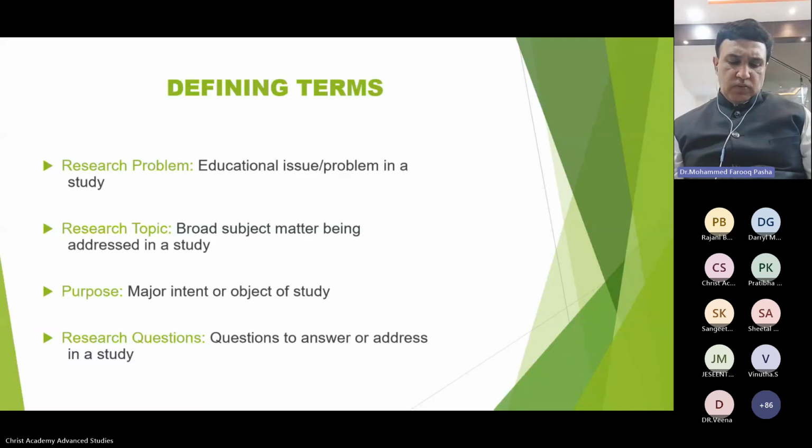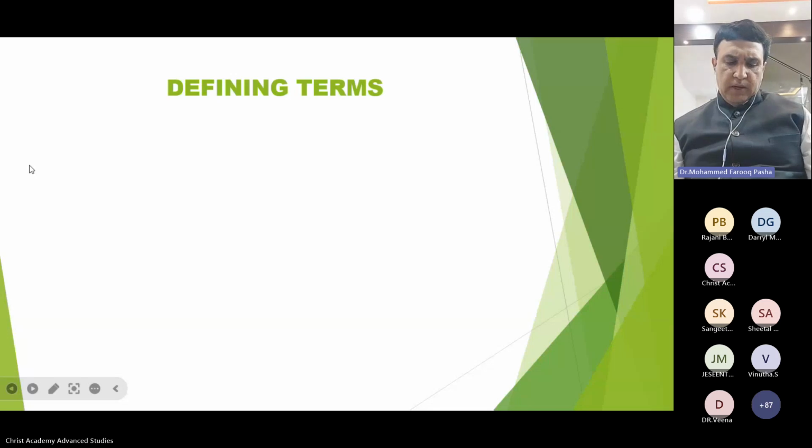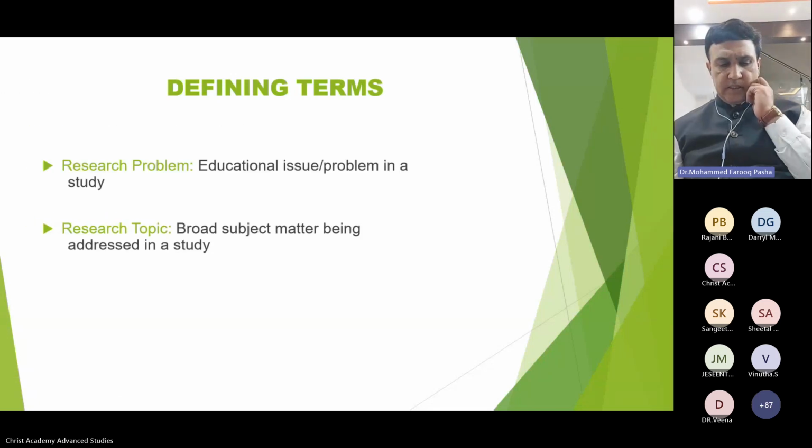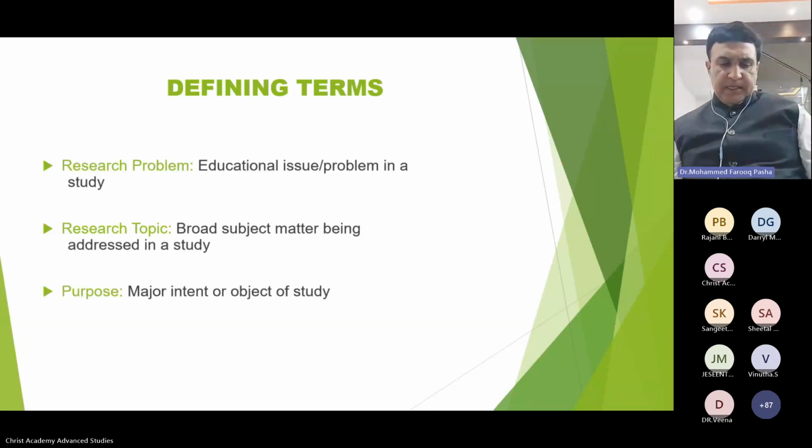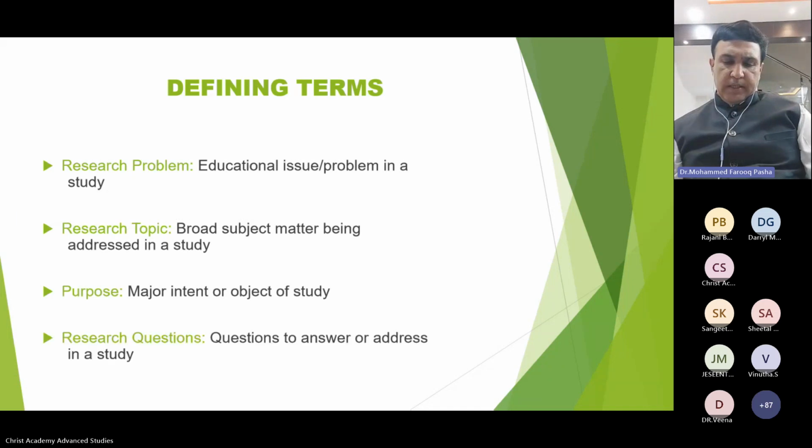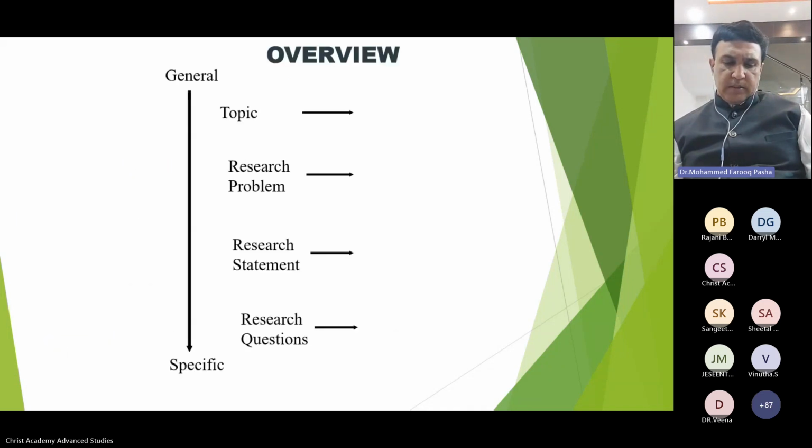Then the next one, problem researchability. The first thing is, will your research contribute to knowledge and practice? It fills a void or extends existing research. It replicates a study with new participants or a new site. The problem has not been studied or is understudied.